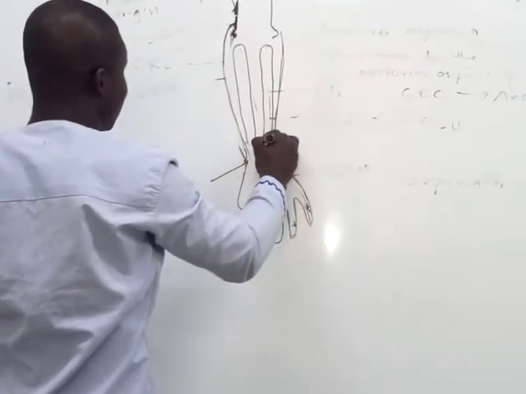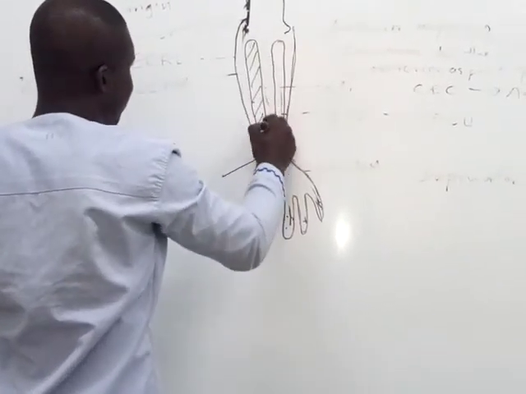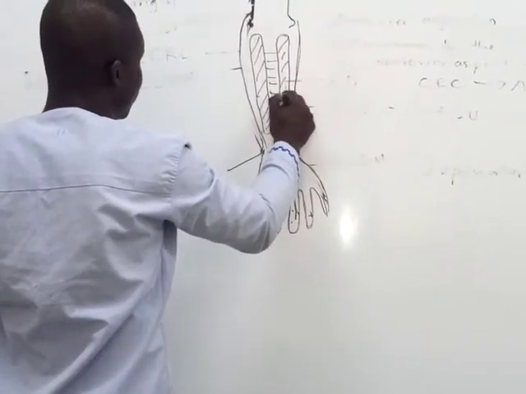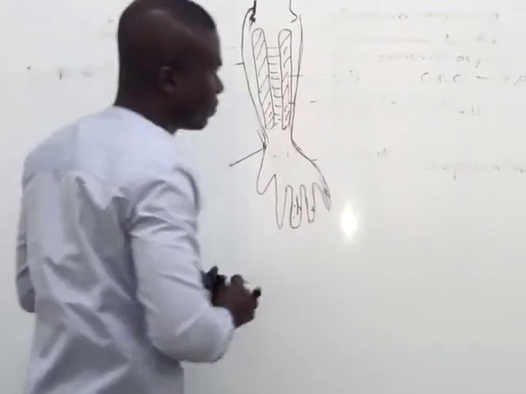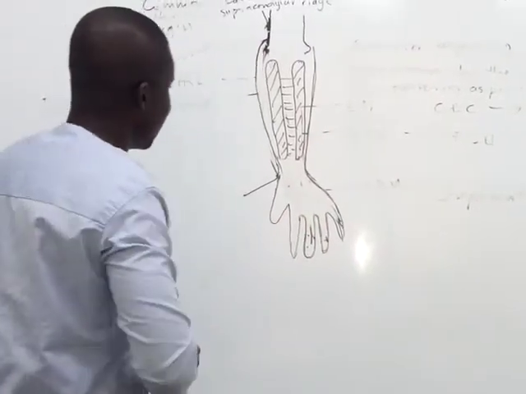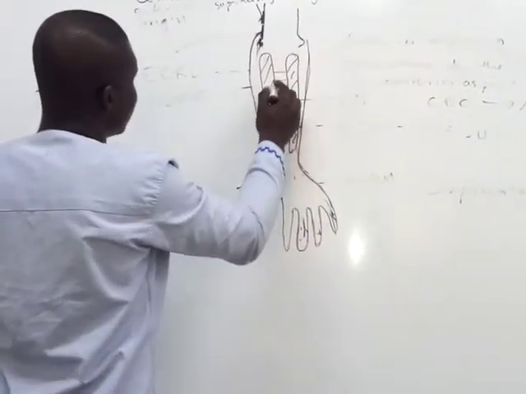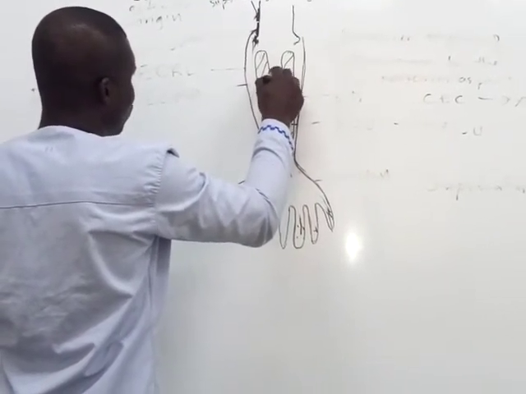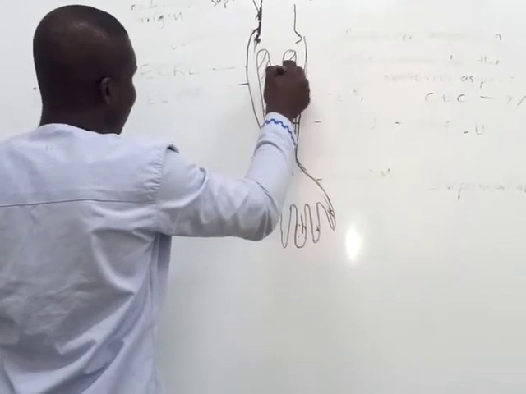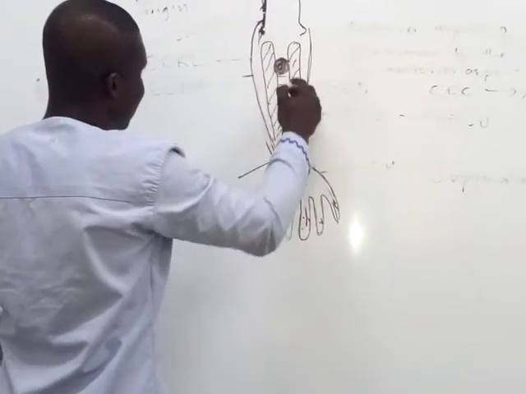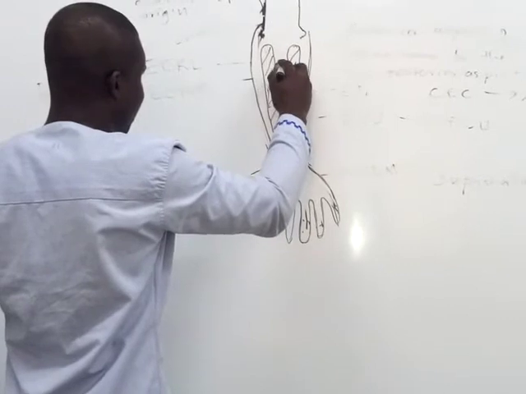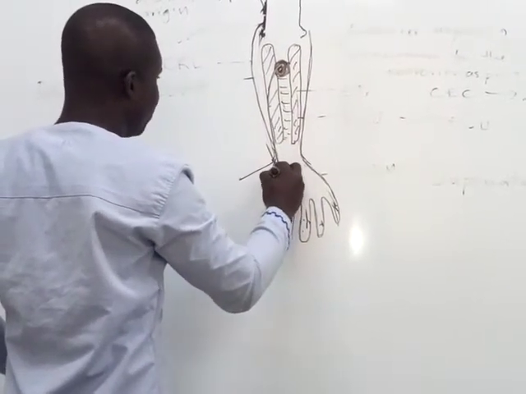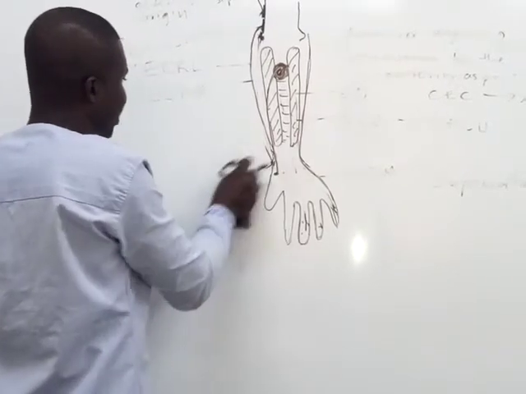So assuming this is the radius and this is the ulna, there will be that kind of interosseous membrane between them. Now the first muscle, which takes origin from the interosseous membrane as well as the neighboring bones and inserts all the way, comes and inserts to the base of the first metacarpal.